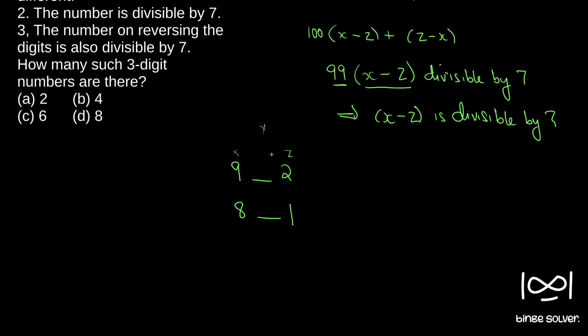How can we find it? If you divide 9 underscore 2 by 7, it will be 20-something, so we have to put some number.